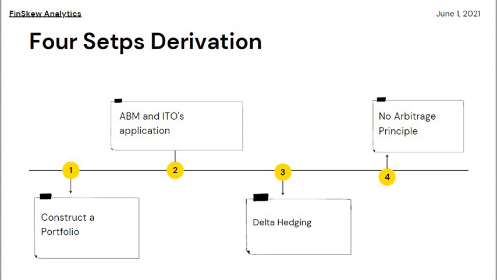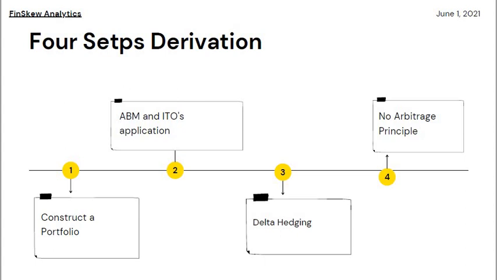The first is to construct a portfolio. Second is applying arithmetic Brownian motion and Ito's lemma. Third, when you have the portfolio and you know it has the property of ABM and Ito's application, you apply the delta hedging. When you apply the delta hedging, or for any portfolio, when you neutralize your volatility or the delta hedging risk, that means your portfolio will grow by the risk-free rate, and thereby you can apply the no arbitrage principle.